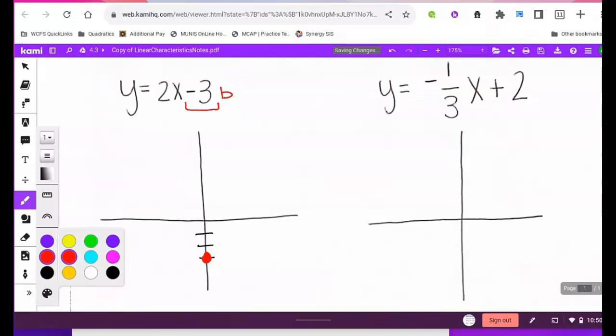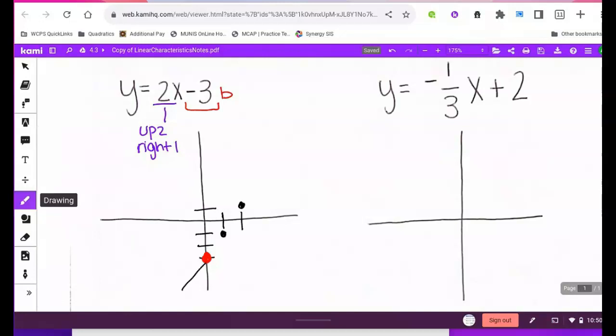And then our slope is 2 over 1, so we're going to go up 2 and to the right 1 from that y-intercept. I'm going to put a couple more lines here. Up 2 over 1 gets me right here, and then up 2 more over 1 more gets me right there. And then I have enough points to draw my line.